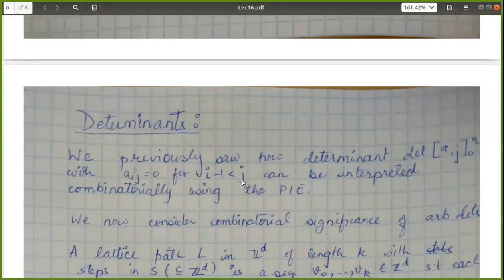Earlier we took i less than j, right? So is this a typo or is this fine?